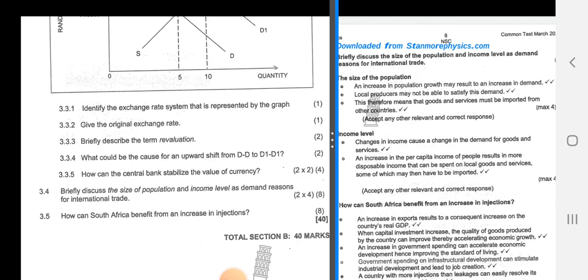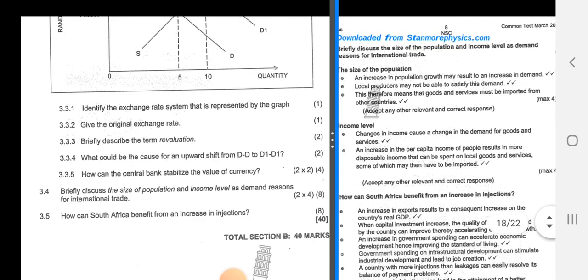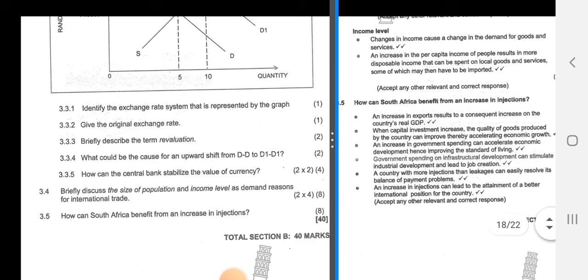That's the way to look at it. Change in income level causes a change in demand for goods and services. An increase in the per capita income of people results in more disposable income that can be spent on local goods and services, some of which may then have to be imported. So accept any relevant answer as I have said.